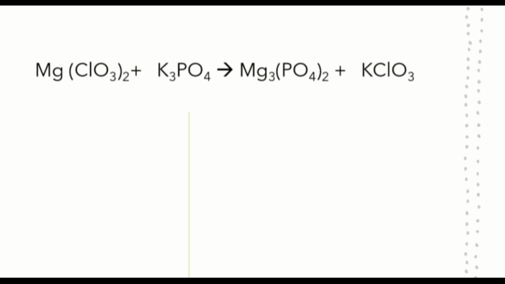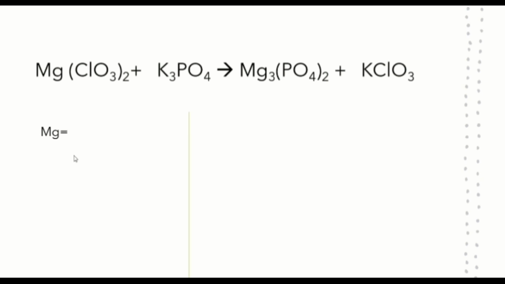In this example, we will consider the polyatomic ion as 1 so that you can balance the equation in an easier manner. So instead of considering chlorine and oxygen as separate elements, we will consider it as a polyatomic ion, and that is chlorate.